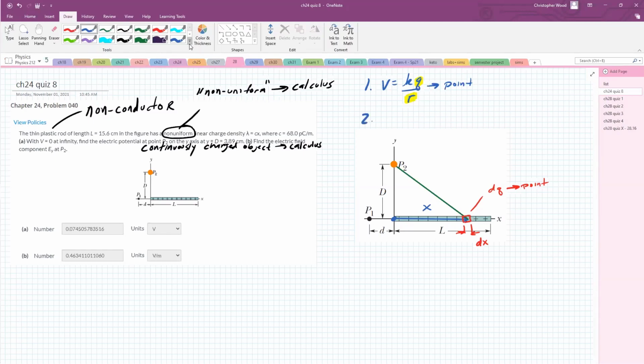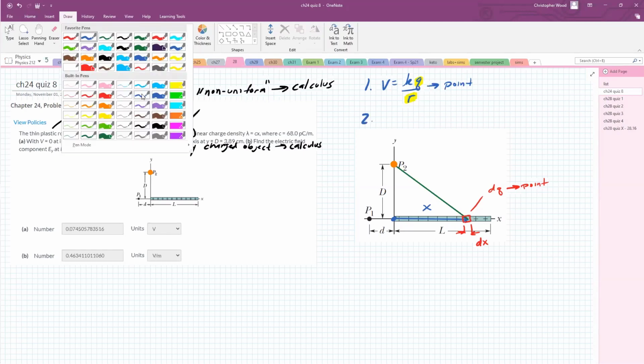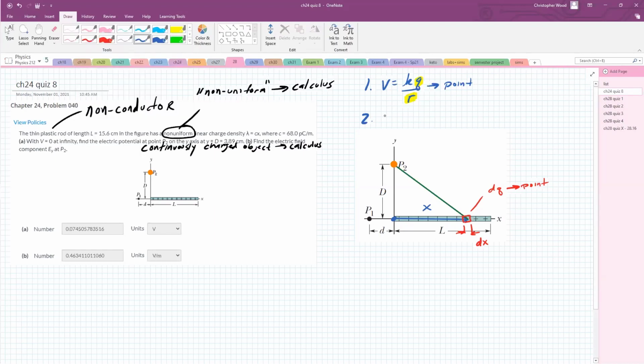The differential version of this, since I'm living in the realm of calculus, I would say that the voltage at point P2 is going to be the integral of dV. So I'm going to differentialize, and say the integral of k dq over r, where r is the distance between the source charge and Probert.